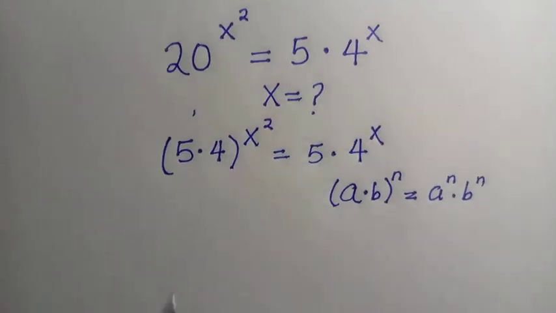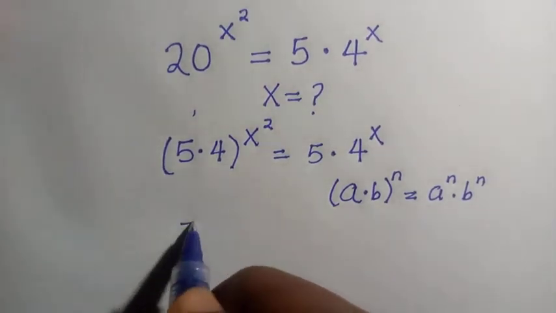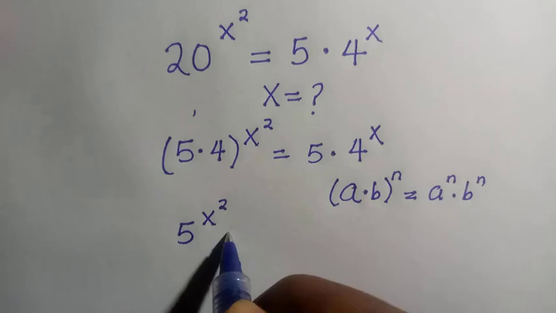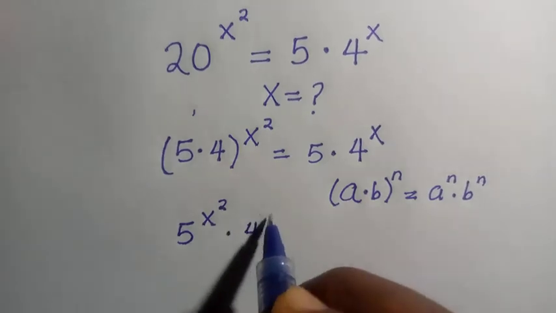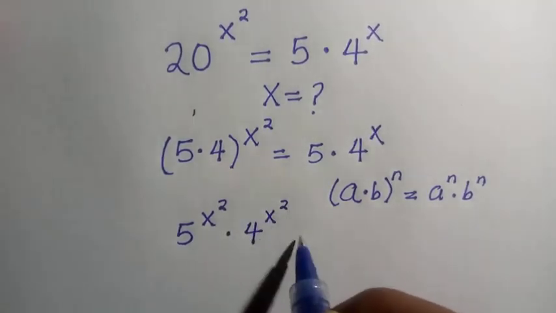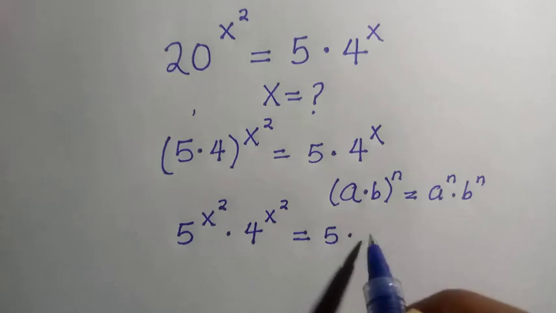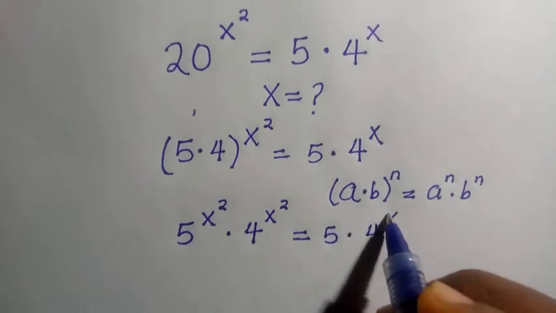So we apply it, we distribute it, and it becomes 5 to the power of x squared multiplied by 4 to the power of x squared equals 5 multiplied by 4 to the power of x.